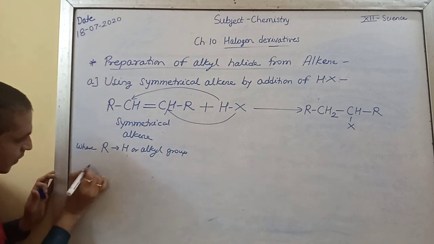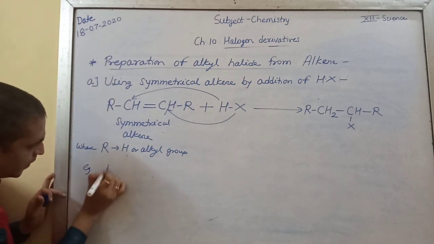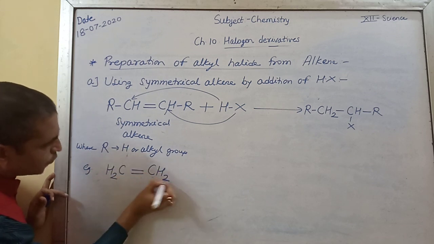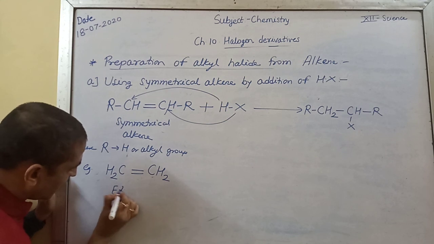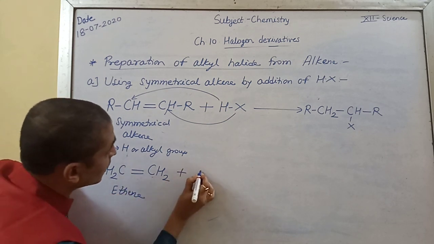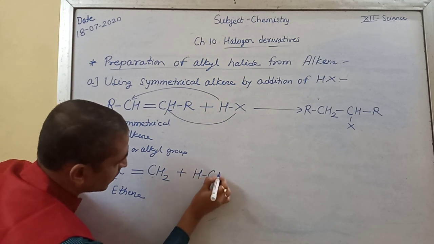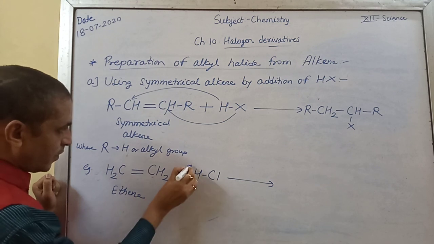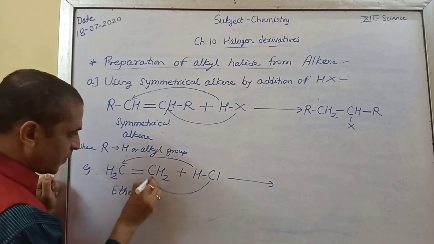Now see the example. Take H2C double bond CH2. This is ethene plus HCl. Because HX means HCl, H goes to this carbon atom, Cl goes to this.